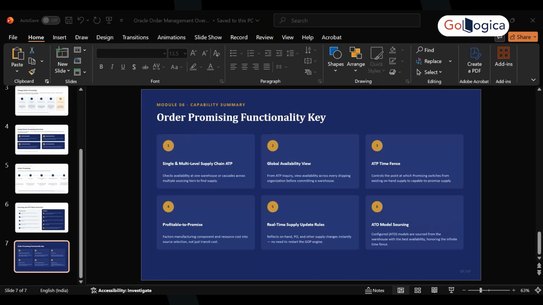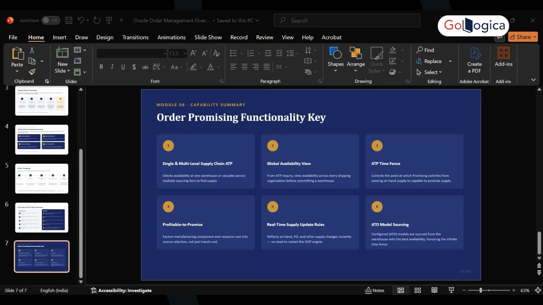Next one is ATO model sourcing. Many organizations manufacture the products only after receiving the customer orders, and instead of maintaining finished inventory, they assemble the products based on the customer specific requirements.